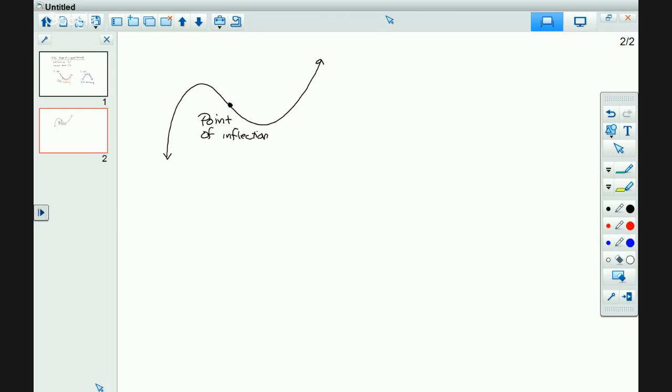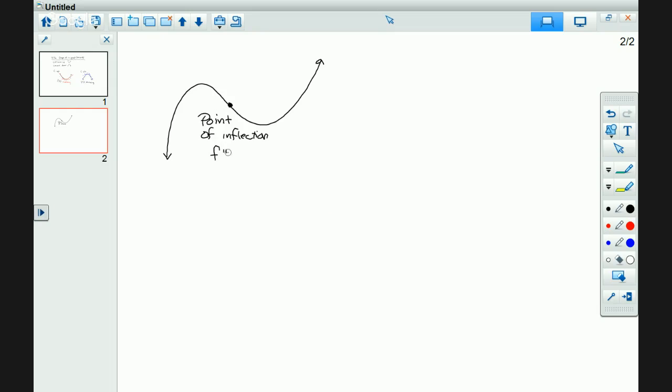How do we find the location of points of inflection? That's the question of the day. It's really not that difficult.